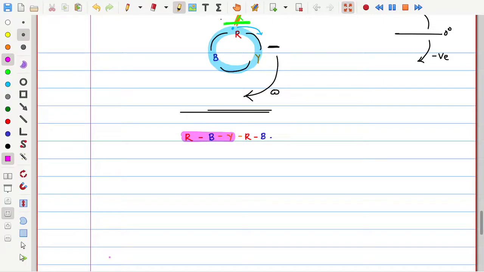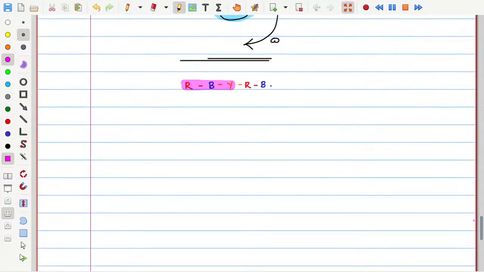So for example, if I give you the voltages, I will write directly like this. Let us say all the voltage magnitudes are same: VR is equal to VY is equal to VB is equal to V. Now what extra they will give is that the phase sequence is positive phase sequence.